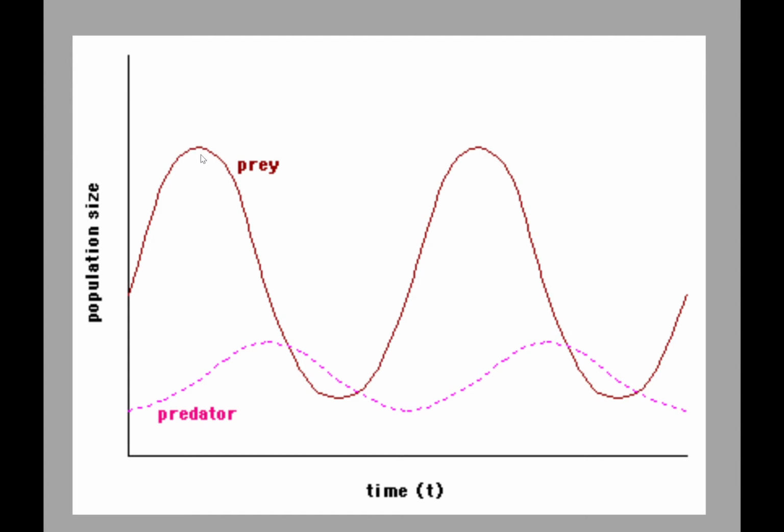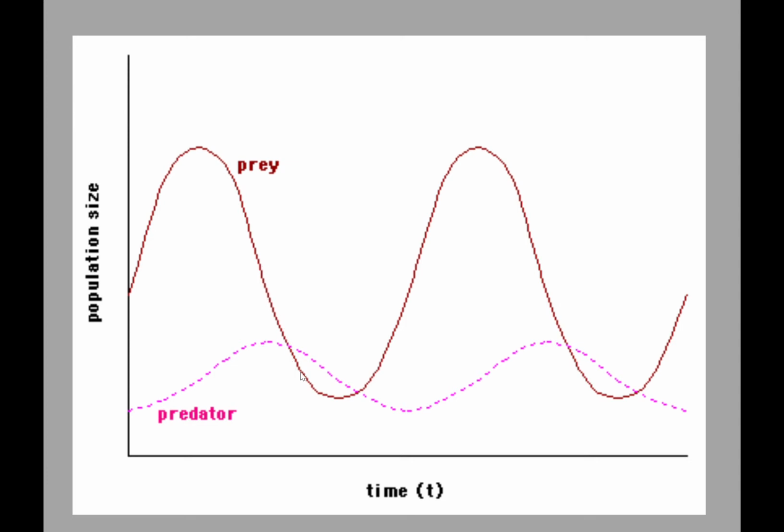But if you notice here, when prey goes up, not long after, predator also goes up. That's because predators now have a lot of food, because prey is the food. And when predator is up, look at this, prey starts to go down because there are now more predators eating the prey.